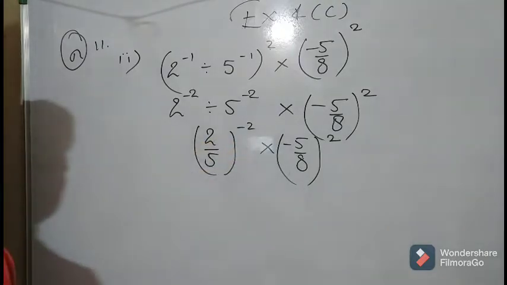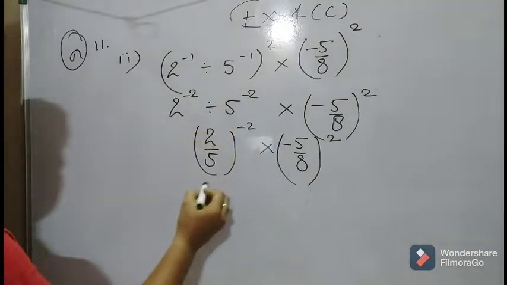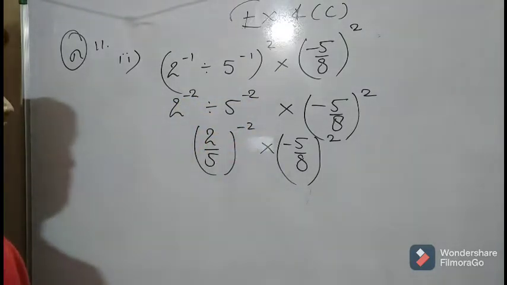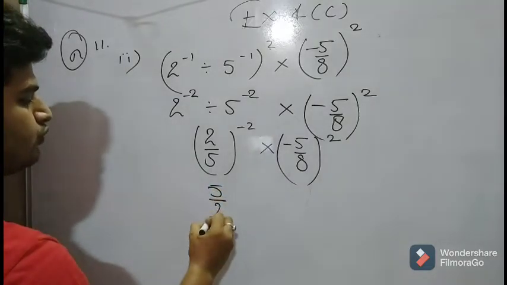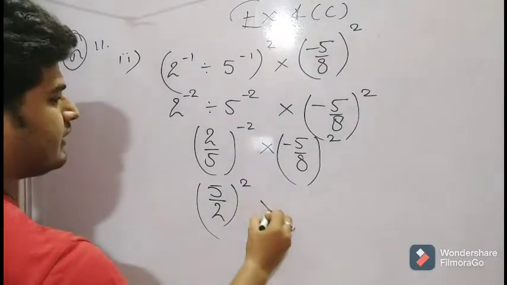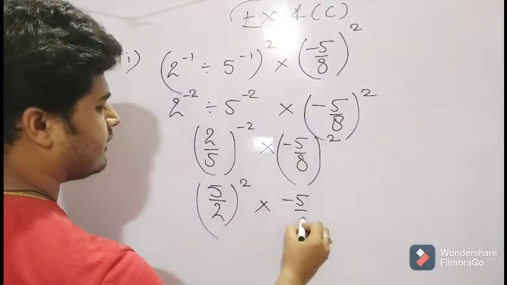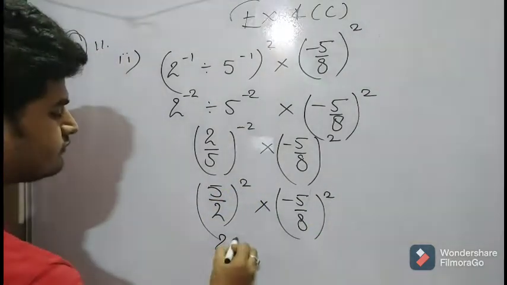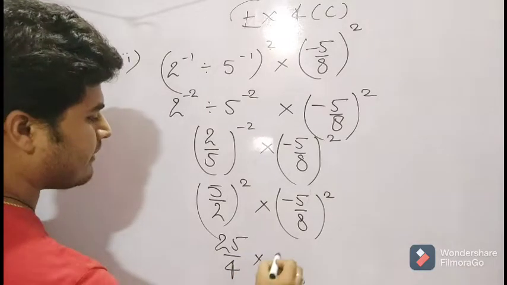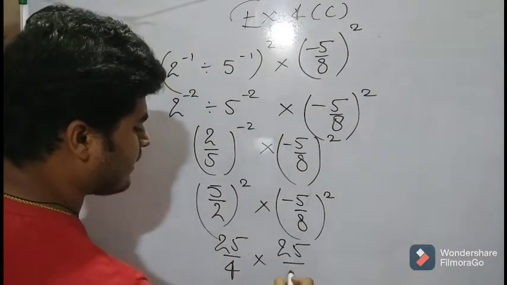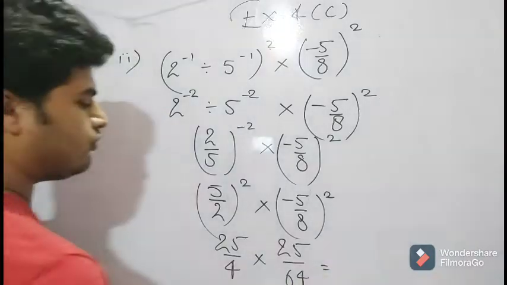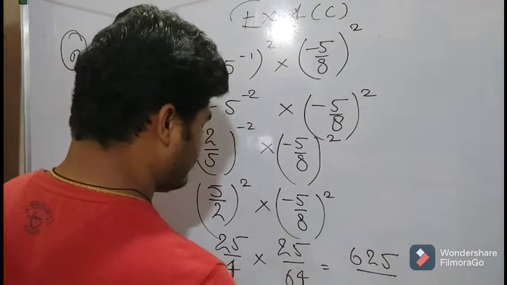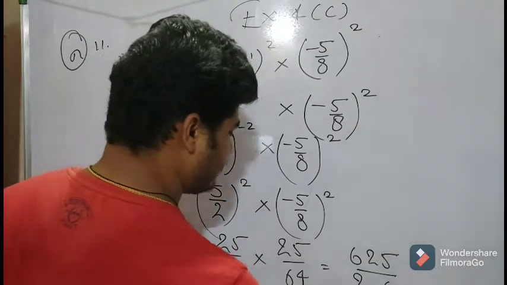So because of the divide sign, we can write it in upon, and both have the same minus power, so we can take the common power. Now this will become 5 by 2 raised to the power 2 multiplied by minus 5 by 8 to the power 2. 5 square is 25, 2 square 4, minus 5 square 25, 8 square 64. 25 into 25, 625, 64 into 4, 4 4s are 16, 1, 256.